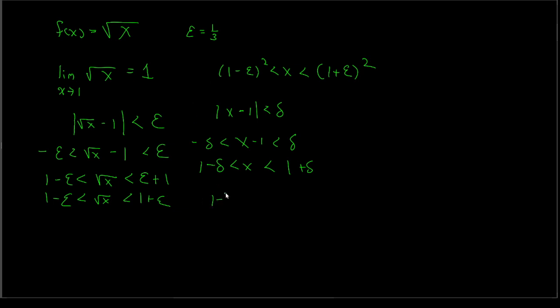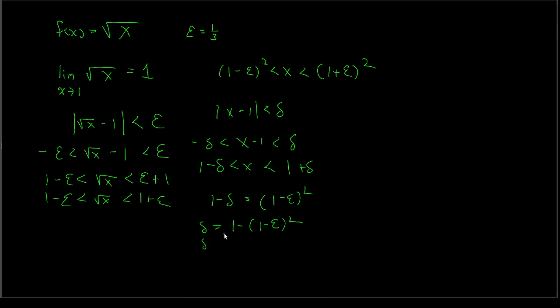We'll say that 1 minus delta, the boundary is equivalent to 1 minus epsilon squared, where we'll move delta over this way.